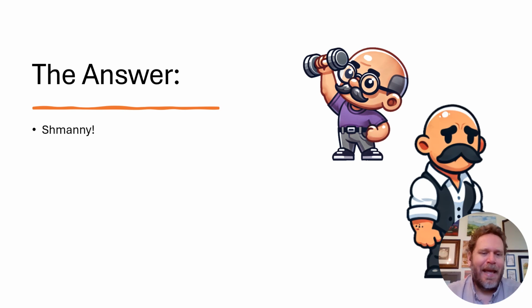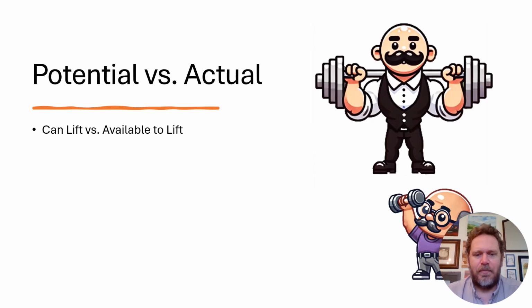If we ask who can lift more weight, the answer is going to be the Stone. He's much stronger, he's bigger, and so he has a greater potential to lift weight than Schmanny does. But he can only do it if that weight is available for him to lift.